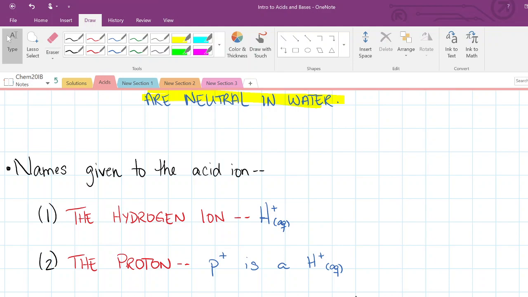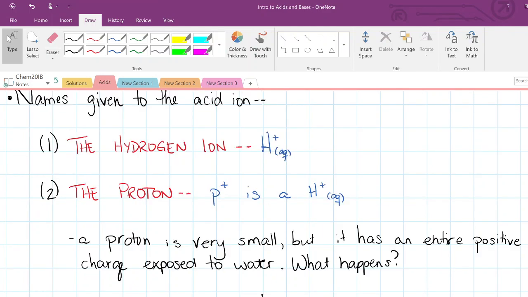But the other thing I want you guys to realize is that if hydrogen has a positive charge, that means that hydrogen has lost one electron, right? Its only valence electron. And so really, a hydrogen ion is just a proton. It's a single proton. So a lot of times people will refer to the hydrogen ion as a proton because it really is just a proton floating around in our solution, right?